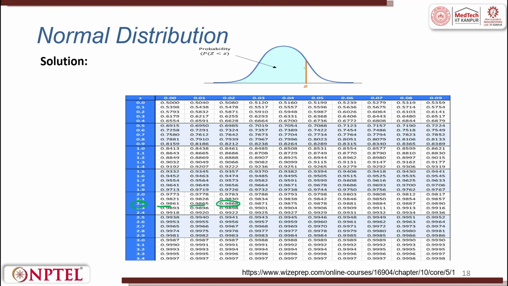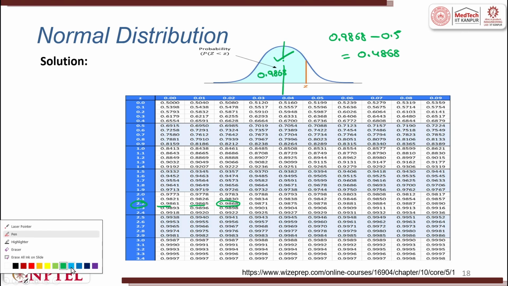This is talking about the area on the left hand side. The total area is 0.9868, which means this half of the area would be 0.9868 minus 0.5, which is 0.4868.